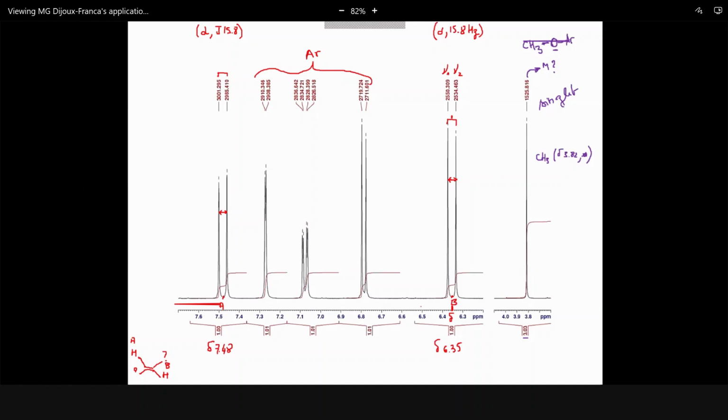It's because of the coupling constant. I see that all of them are at least a doublet or more. Here I have 4 lines and they have quite the same height. So here I have a double doublet. Here I have a doublet and here also a doublet. So I know that I have something like that.